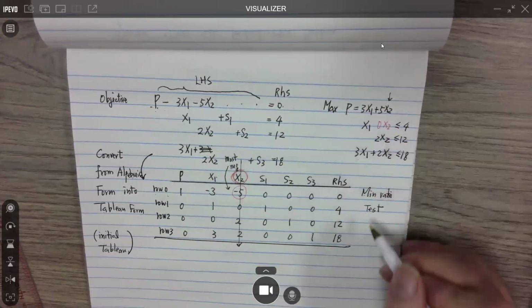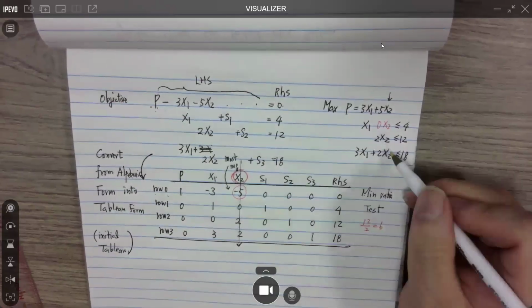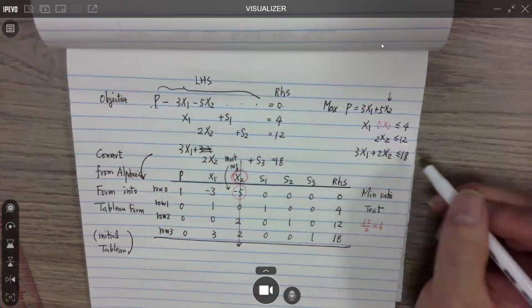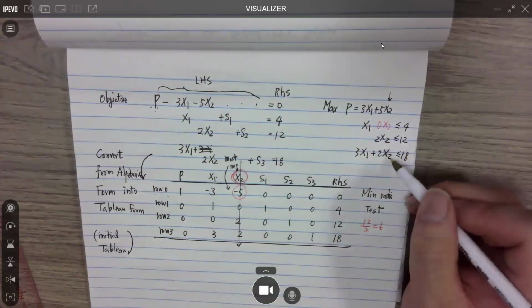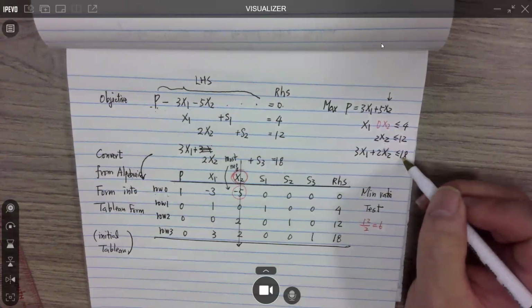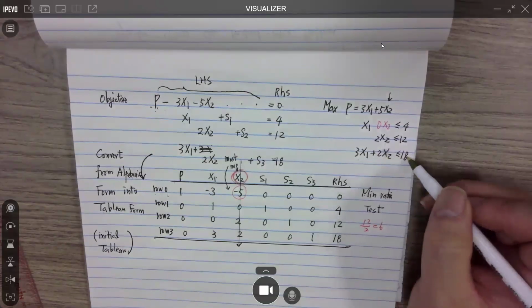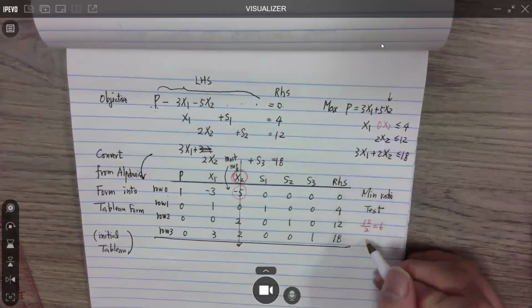So 12 divided by 2 is 6. Look at the next one, 2x2 compared to 18. When I increase to 9, 2 times 9 is 18, that's still fine. If I increase to 10, 2 times 10 will exceed 18. So this is called the minimal ratio test.